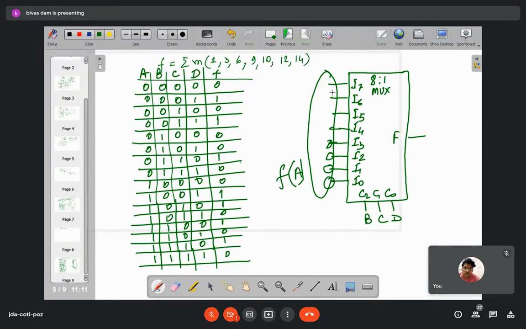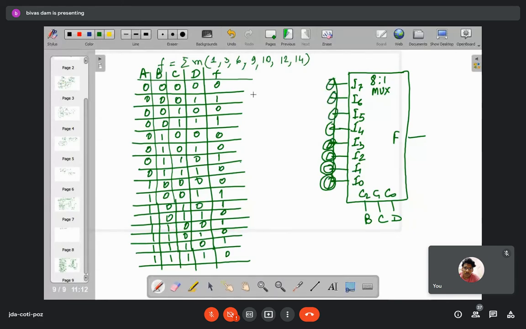In that case, my function is now dependent on all 4 input variables B, C, D as well as A. So to achieve that, I have to go for another truth table, but this time the inputs should be only B, C, D. And that truth table will ultimately provide you the FA which should connect to I0, I1, I2, I3, I4, I5, I6, and I7.